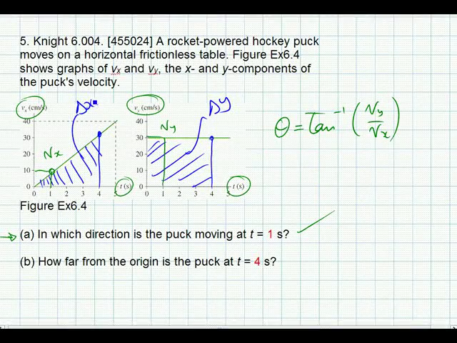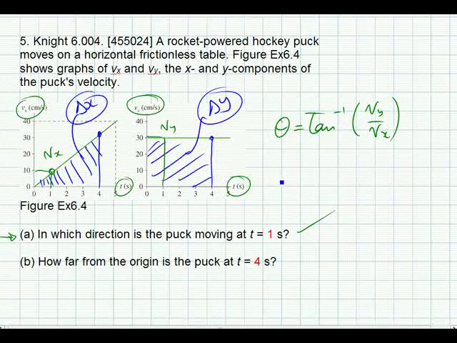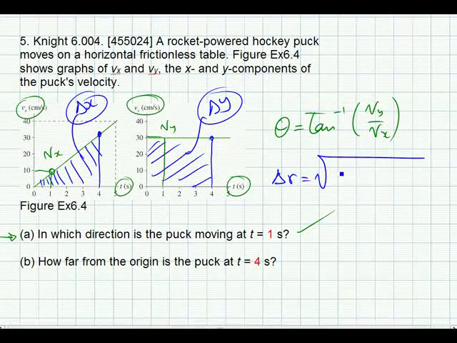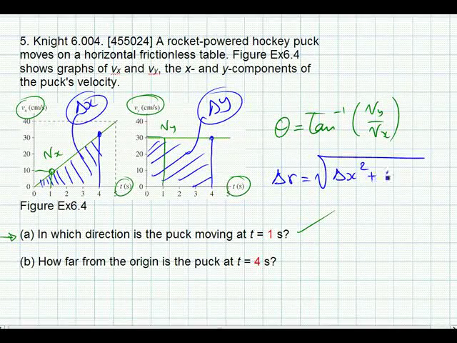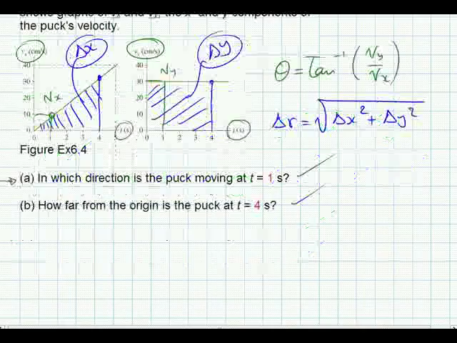So having figured out delta x and delta y graphically, then you basically say that the displacement of the puck, let's call that delta r, is square root of delta x squared plus delta y squared, using the Pythagorean theorem, of course. So it's very simple analysis here.